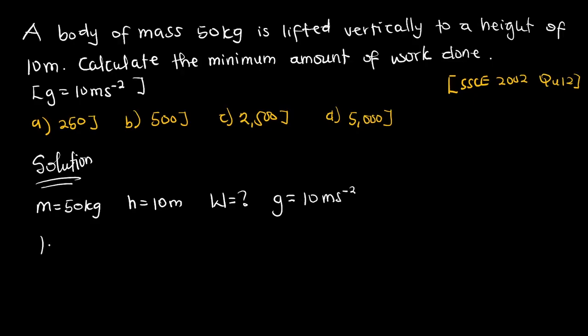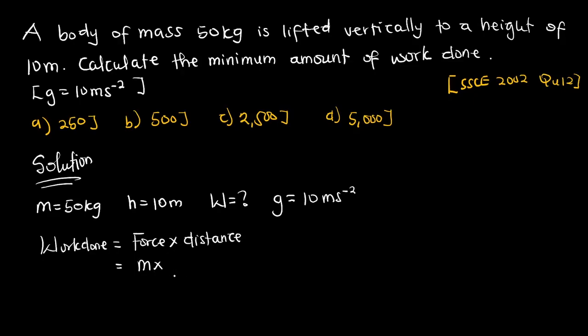All right, so now, work done is equal to the product of force times distance, the distance traveled by the object. Now, force itself is mass times acceleration.